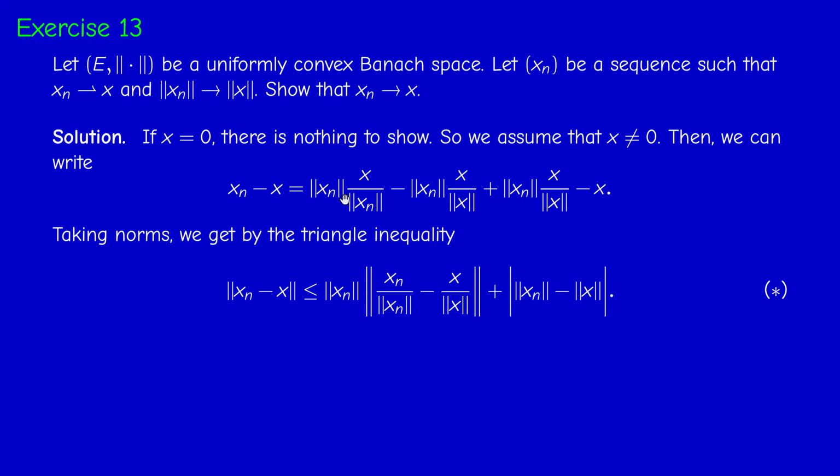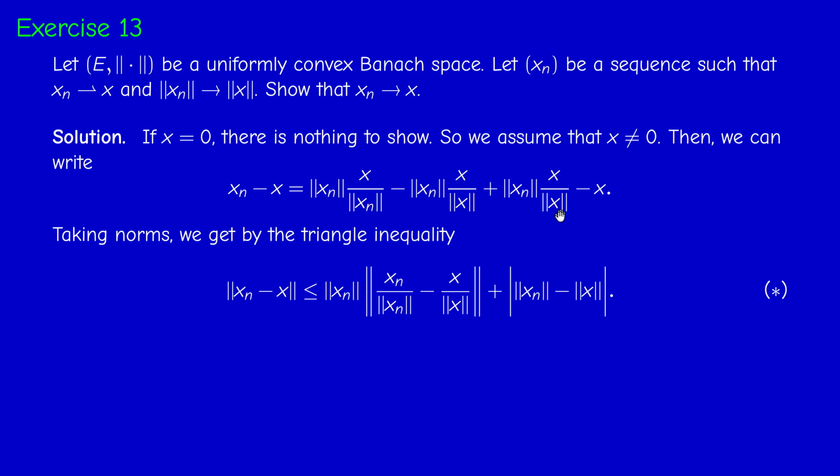Now, if you look at these two and take the norm, then we have the norm of Xn in common, and then we just have the norm of Xn over its norm minus X over its norm. This is for the first two. And now, if you look at these two terms and take the norm, then you will have the norm of X in common.